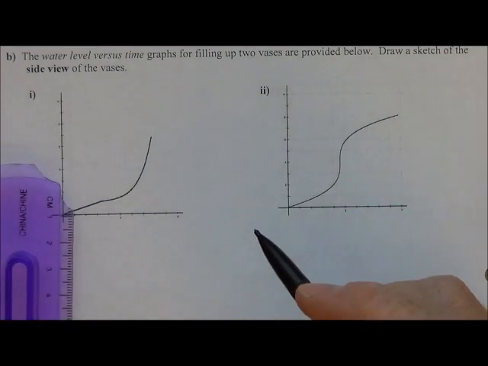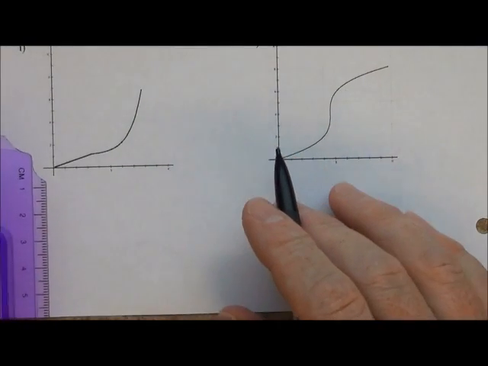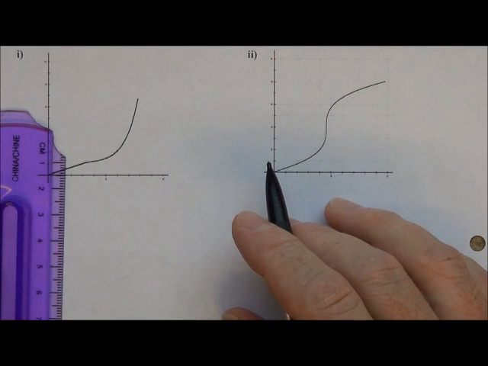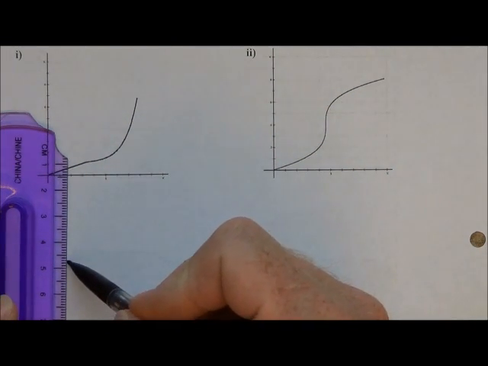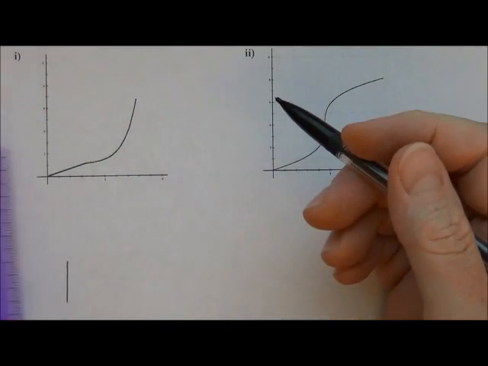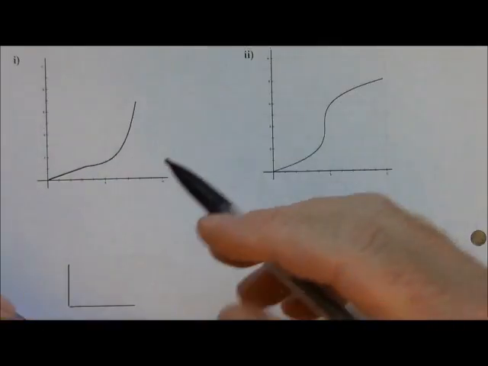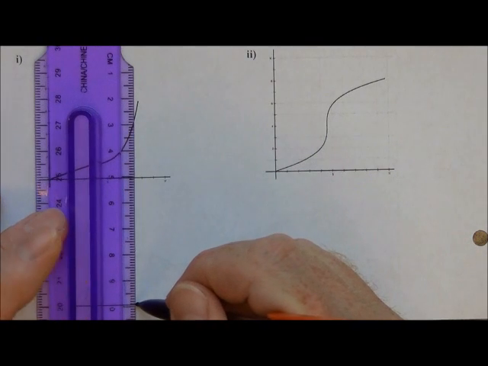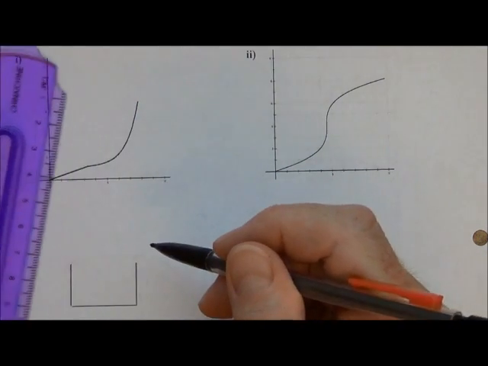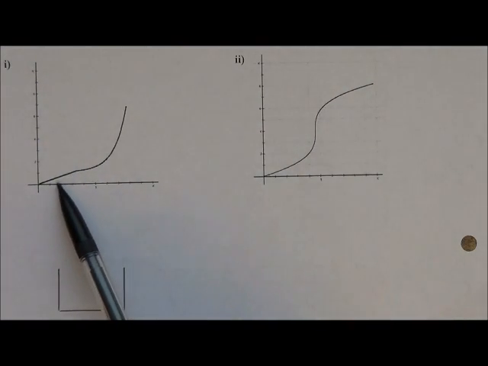Okay, so when I look at these, to me it looks as though this one is going to be fairly wide at the base, and it'll be rising constantly for the first little bit.